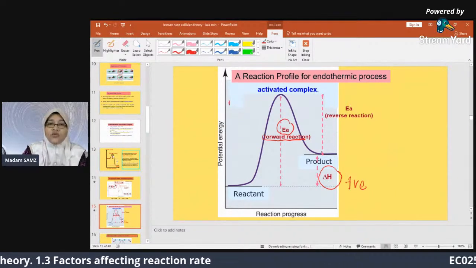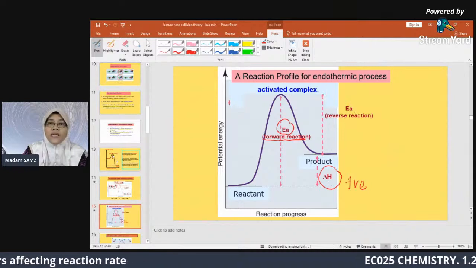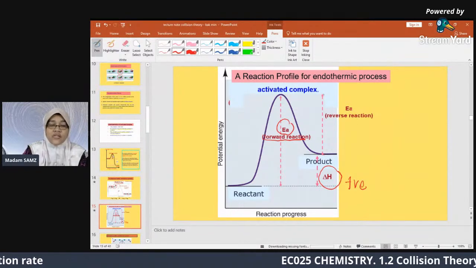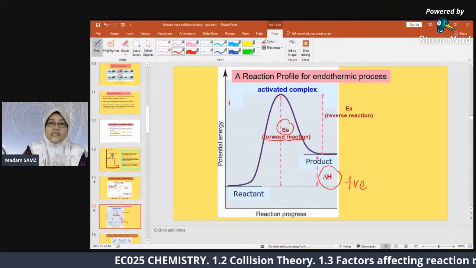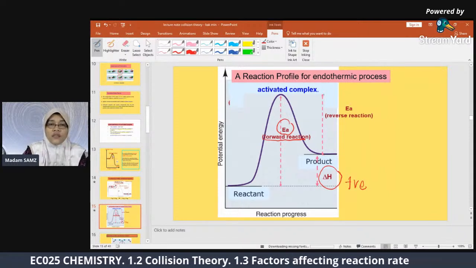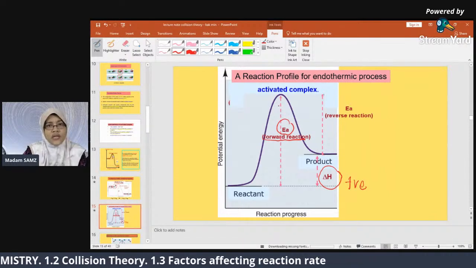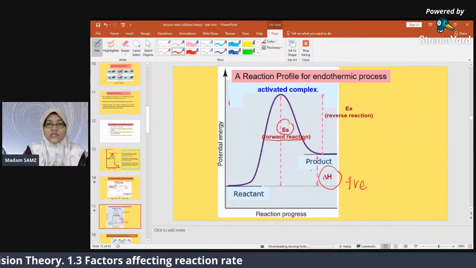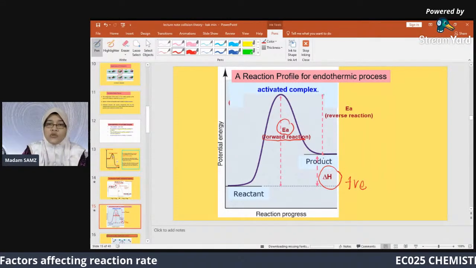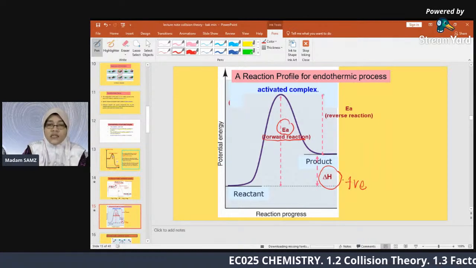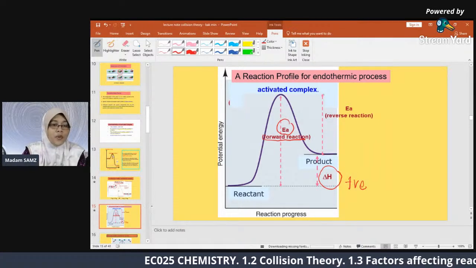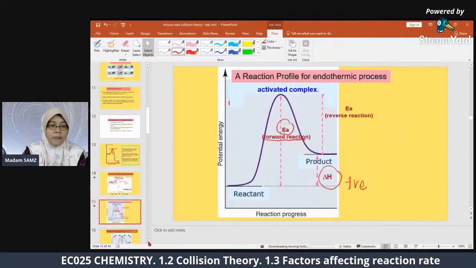Between product and activated complex is the activation energy of the reverse reaction. Between reactant and activated complex is the activation energy for the forward reaction. And the difference in energy between product and reactant is delta H. In this case, the delta H is positive.